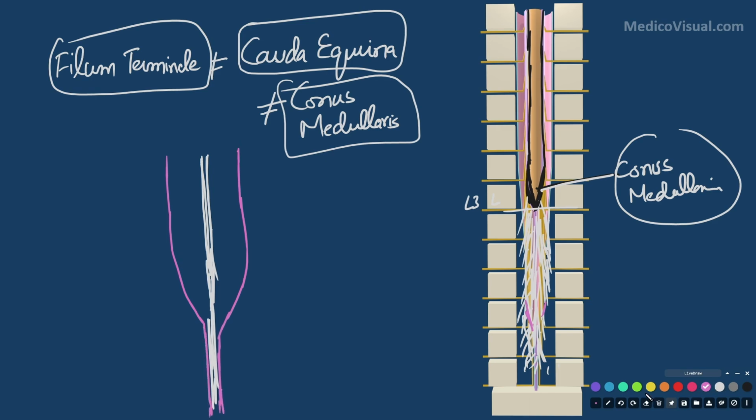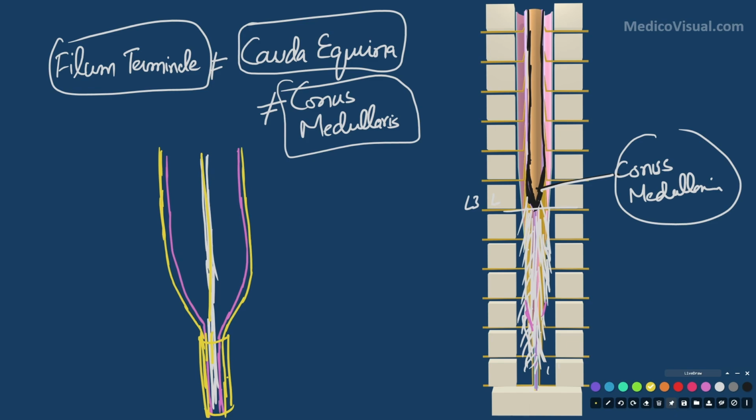And of course the dura mater will also join here. This caudal part of the filum terminale is made up of all three meninges. Internally we have pia mater, then arachnoid, and then dura mater. So this is filum terminale externa, this is filum terminale interna.